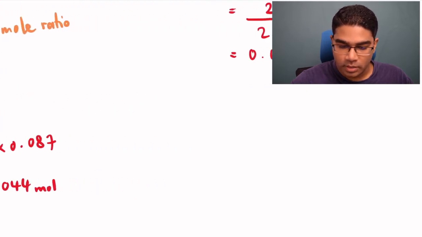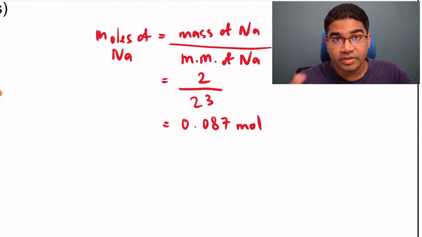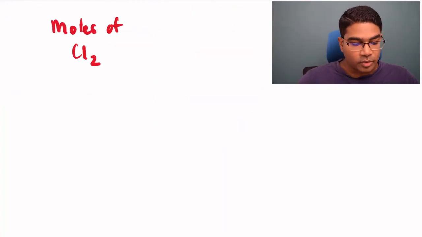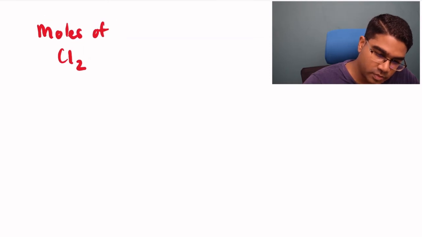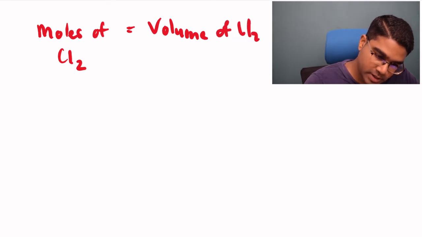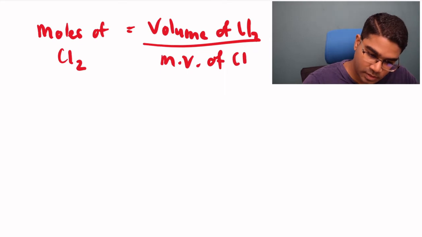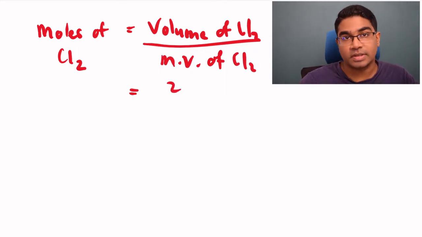So now we still need to find the moles of chlorine that are present. To find the actual number of moles of chlorine, we are given the volume of chlorine. So we have to use the relationship with volume. So moles is equal to the volume of chlorine divided by the molar volume of chlorine. The volume of chlorine is 2 decimeter cube as given to us in the question.